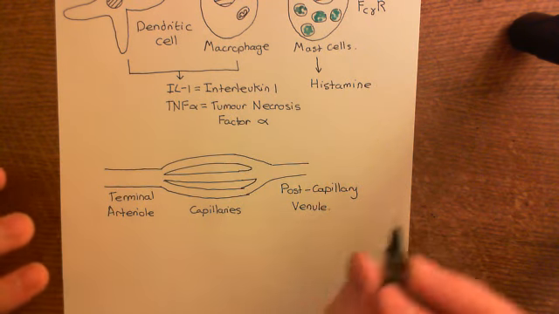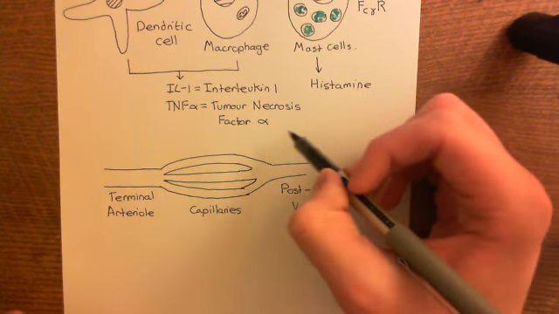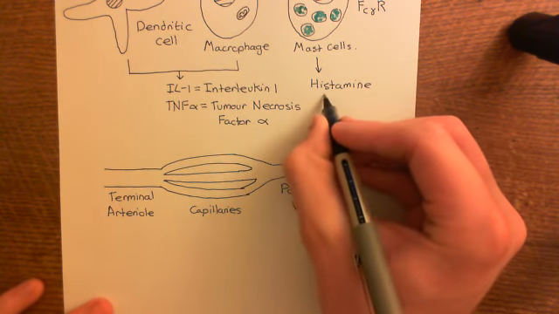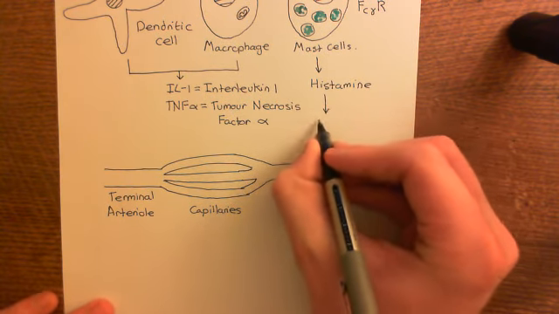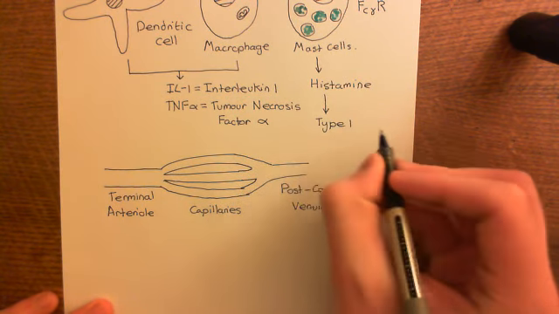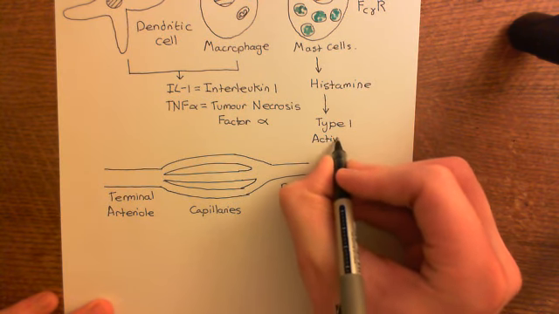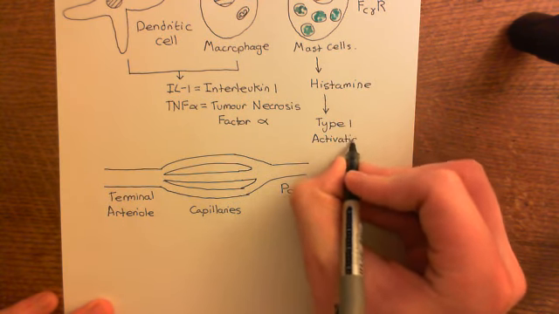Okay, so histamine is going to act quickest. The mast cells will degranulate and release histamine, and histamine is going to go to the endothelial cells, and it's going to cause type 1 activation of the endothelial cells. Okay, now histamine is both released extremely quickly and it also acts extremely quickly.